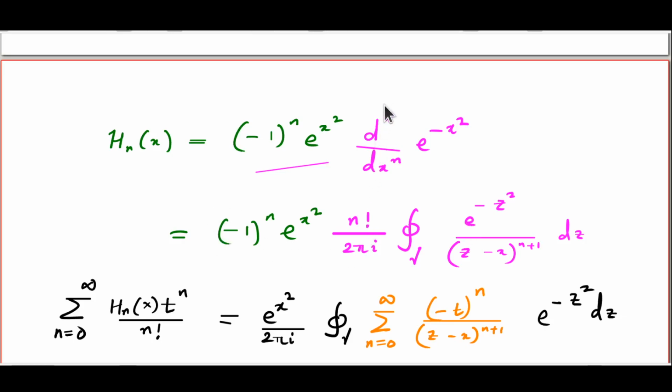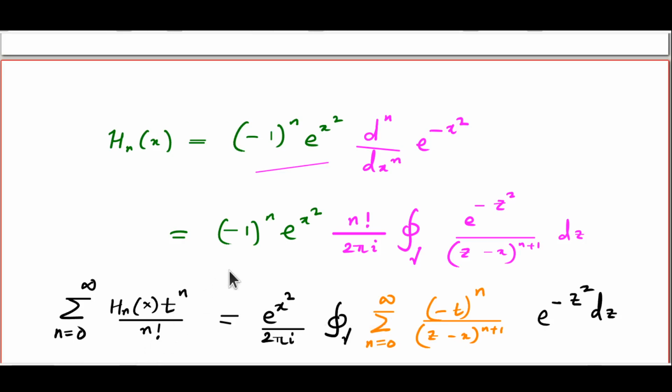But anyway, what we have done is simply pick any such radius and replace the nth derivative occurring in the Rodrigues formula for H_n(x) by this contour integral, which the Cauchy integral formula assures me is the nth derivative. But then what we will do is find this sum from n equals 0 to infinity of H_n(x) t to the n by n factorial. If you do that, notice that your sum from n equal to 0 to infinity can move inside the integral.